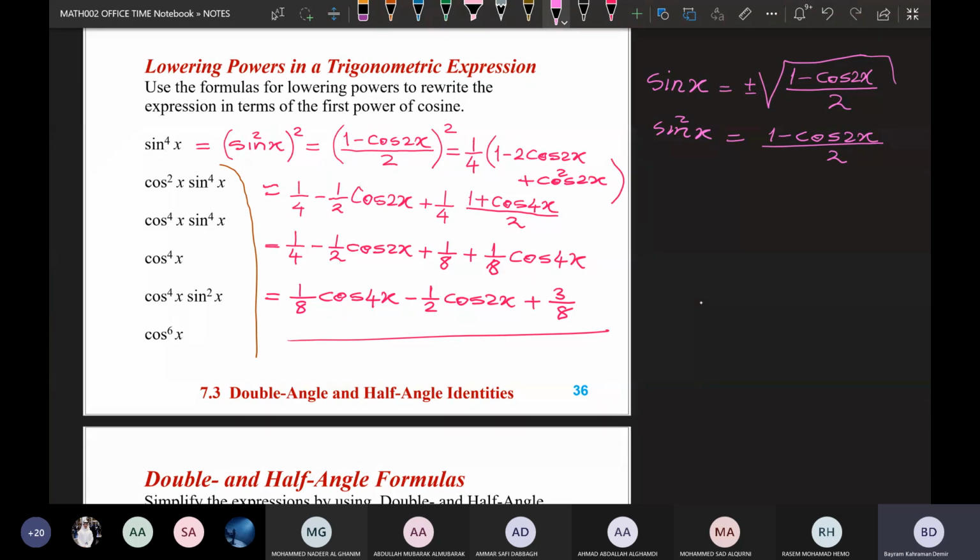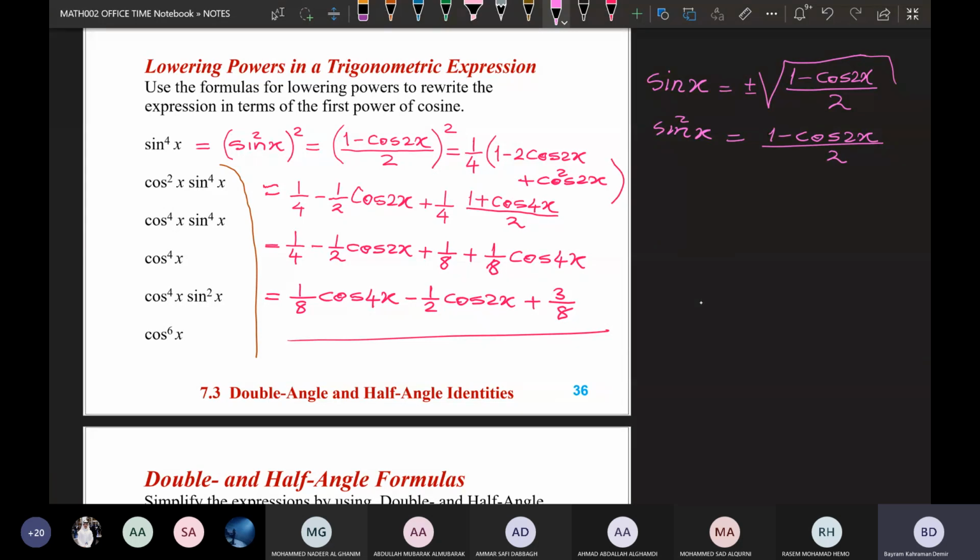But we have to take the square of this one again: 1 minus cosine 2x divided by 2, squared. So it's going to be 1 over 4 times 1 minus 2 cosine 2x plus cosine square of 2x. Right? The square of 1 minus cosine 2x, Shabab.